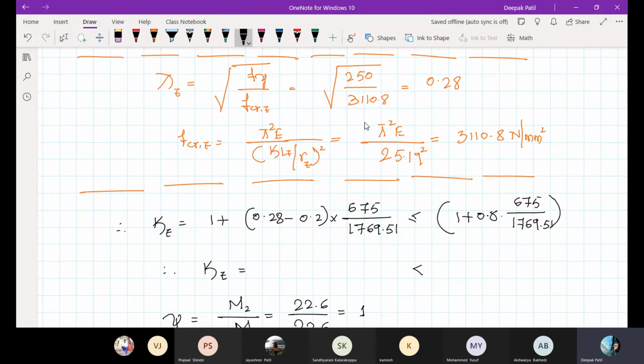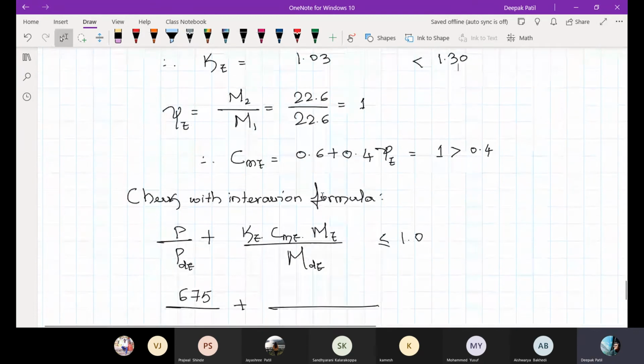So let me just calculate that. 0.28 minus 0.2 multiplied by 675 divided by 1769.51 plus 1. So it is 1.03. And this value is 675 divided by 1769.51 multiplied by 0.8 plus 1. So 1.3. So hence it is okay.